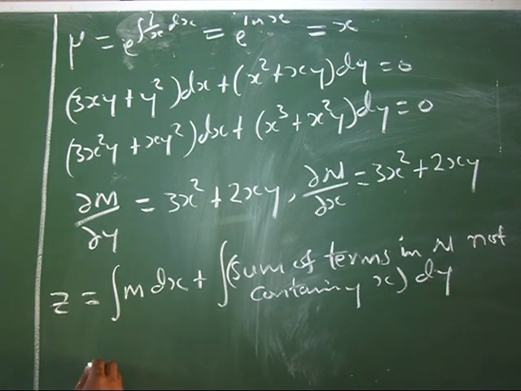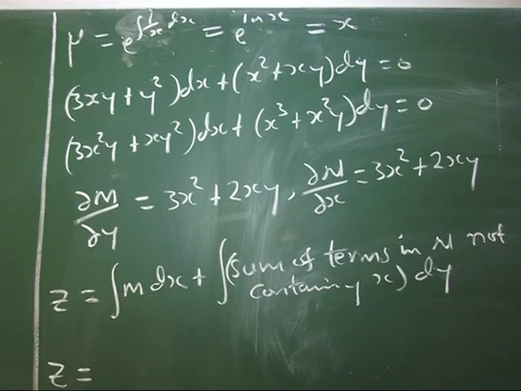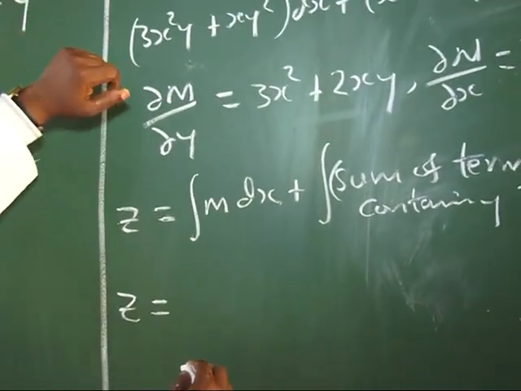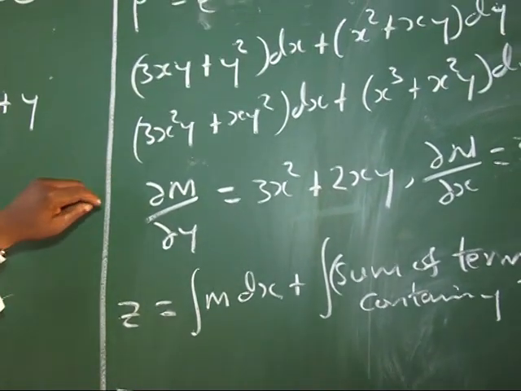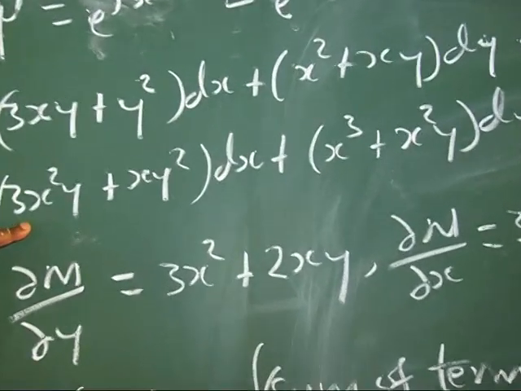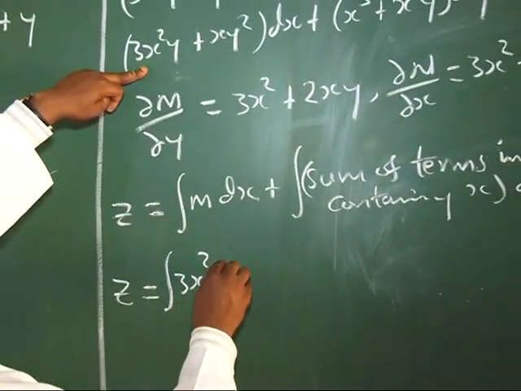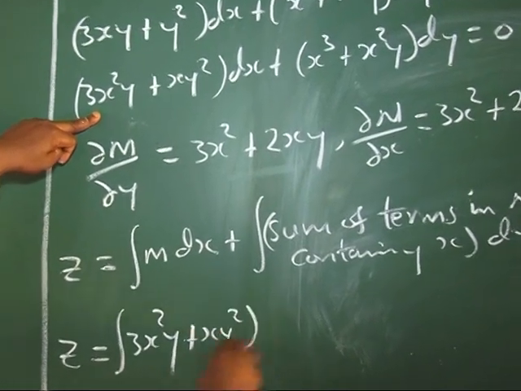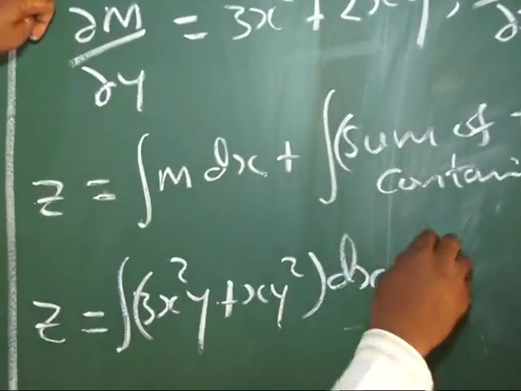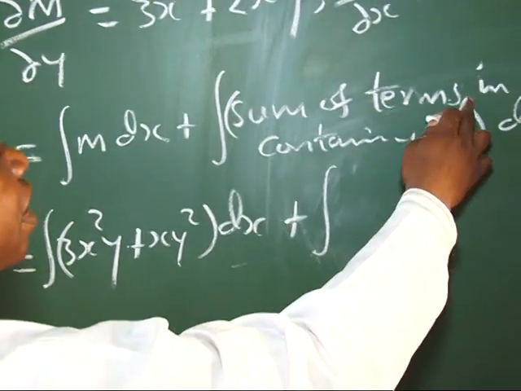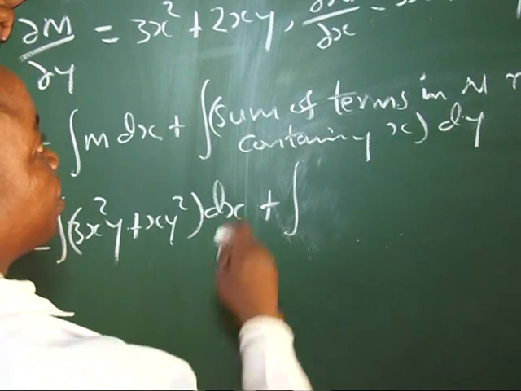Now this is the new equation, so we have the integral of (3x squared y plus xy squared) dx plus the integral of the sum of terms in N not containing x.